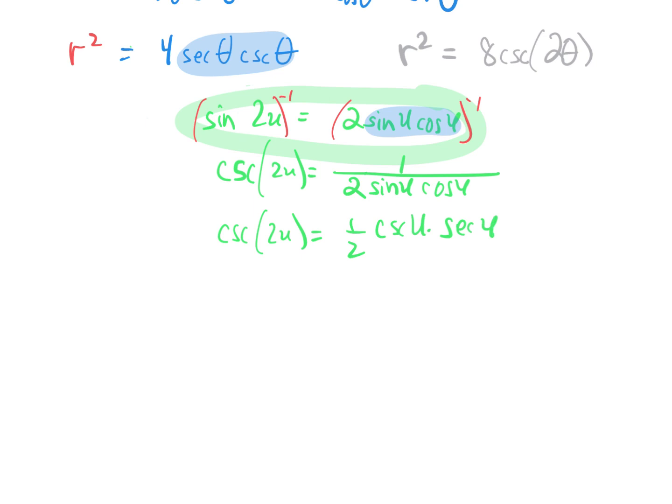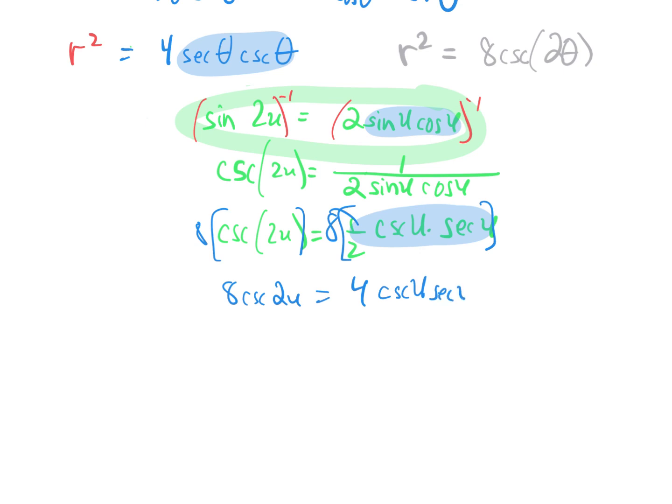And now we're looking awfully close to what we have up here, except we need a coefficient of 4, so multiply both sides times 8. We have 8 cosecant of 2u is equal to 4 cosecant of u secant of u.